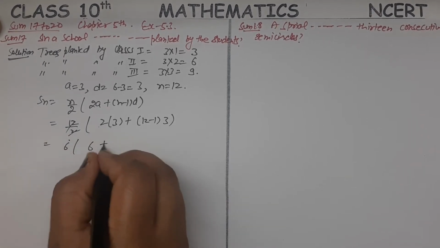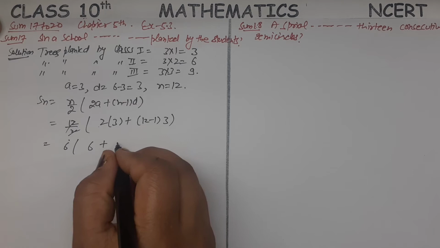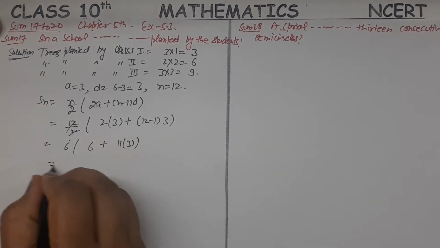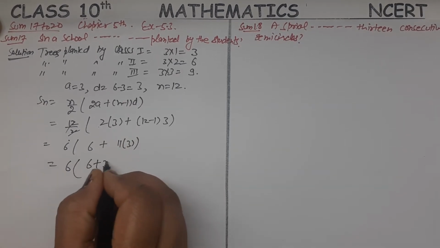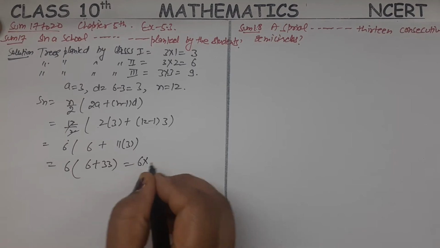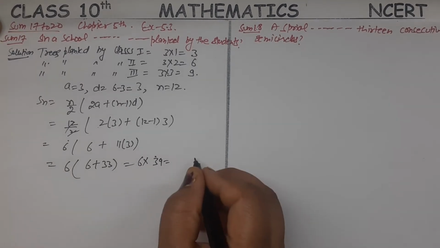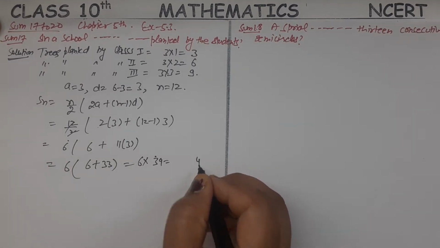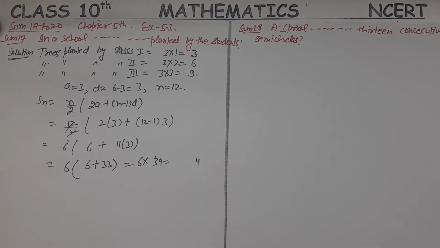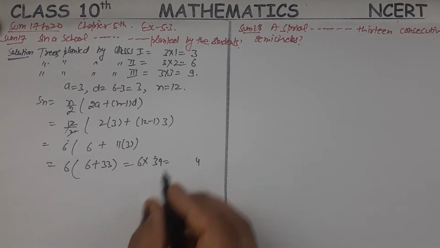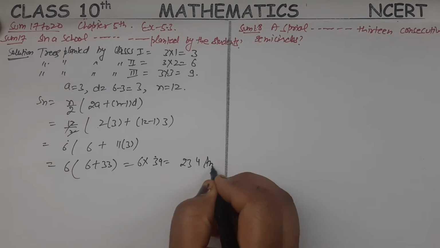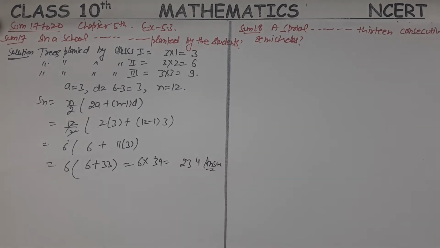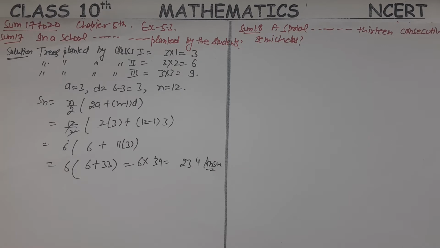Cutting 2, 3 times 2 is 6, 12 minus 1 is 11, into 3. 234 trees are planted by class 1 to 12. Total trees. Now the sum number 18.